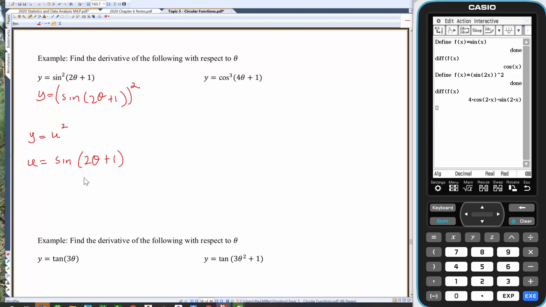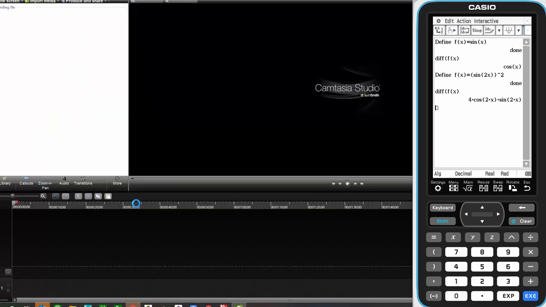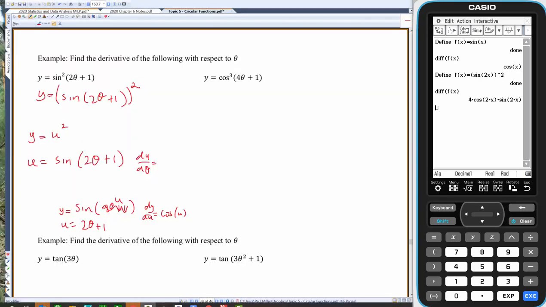Now, the derivative of sine gives dy/du equal to cosine of u, and du/d theta is equal to 2 in this case.